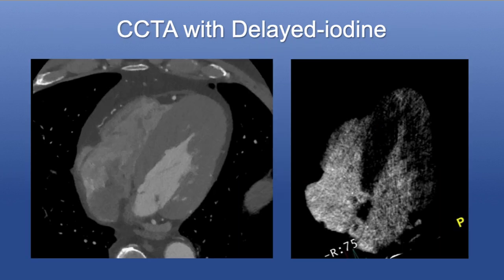The decision was to have the patient go for a CT coronary angiogram, and the coronaries did not show any CAD, but what is important here is that we can also make the diagnosis of hypertrophic cardiomyopathy. The patient had apical hypertrophic cardiomyopathy. We can see the delayed iodine imaging on the right, and probably that chest pain was from ischemia in the area that we can see with the PET.